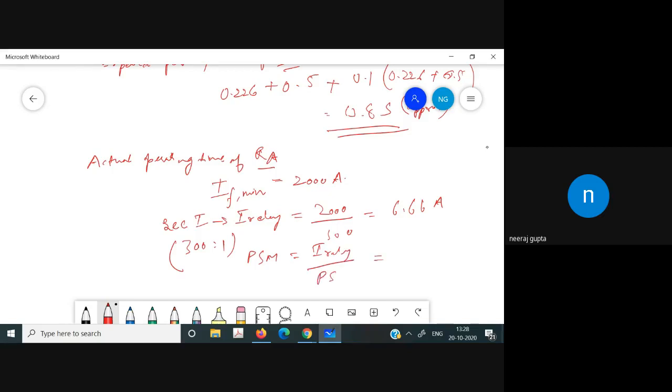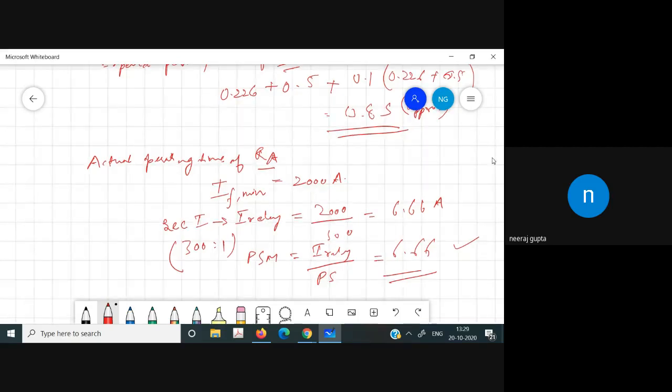Plug setting we have taken as 1, so its value is 6.66. Now, the plug setting is 1 ampere, and this PSM we get 6.66. Now, for the relay RA, we have the value of TMS.